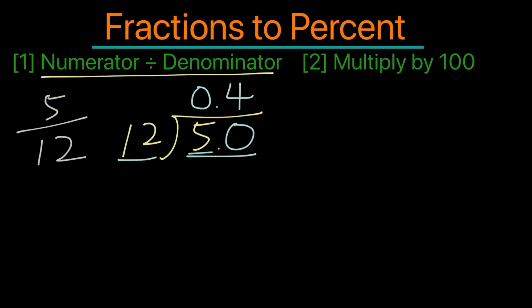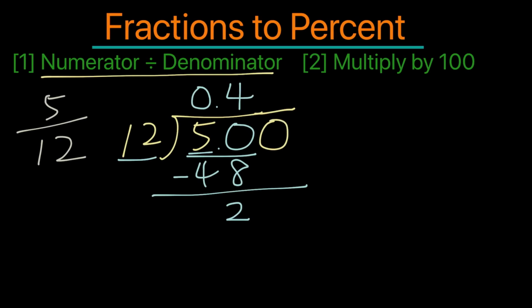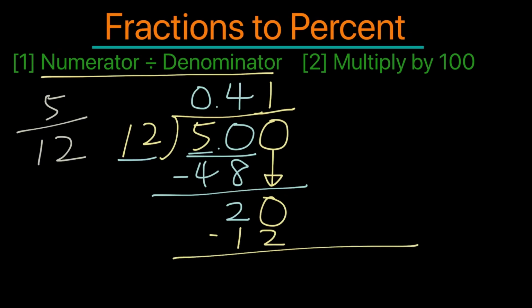So 4 times 12 is 48. And after we minus 50 to 48, we get 2. And next, we're gonna bring the 0 down here. So now we're taking 20 divided by 12. And we can see that 1 will go into it. And then 20 minus 12 is 8.